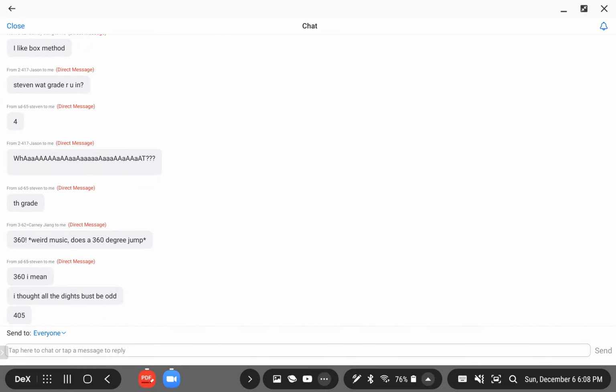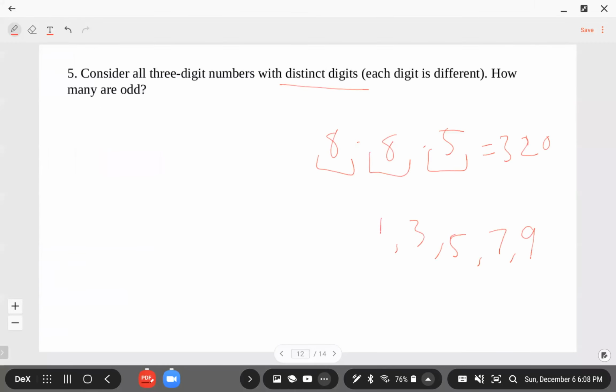Steven, you thought all digits must be odd. But if all digits must be odd, your answer is actually correct. 60 is actually correct because it would be 5 times 4 times 3.